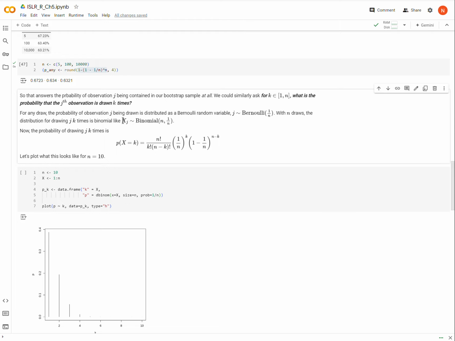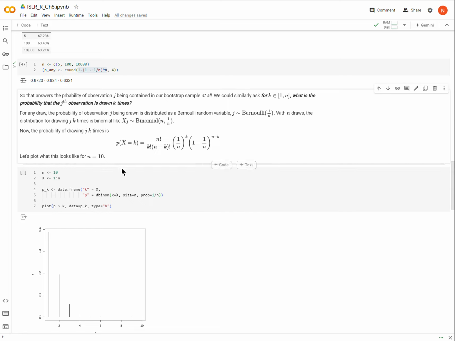So the number of times that j is drawn for a bootstrap sample of size n is distributed like this. And so that means that I can find the probability of drawing observation j k times: the probability that x, the number of times I draw j, equals k, is just equal to this expression right here.